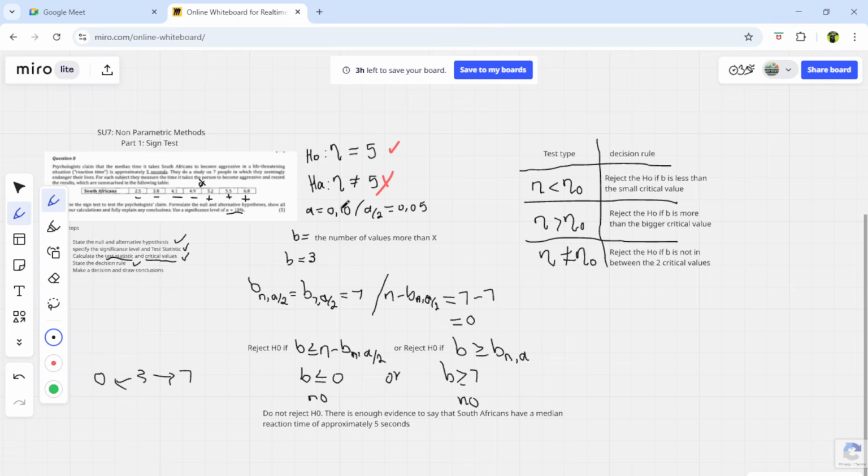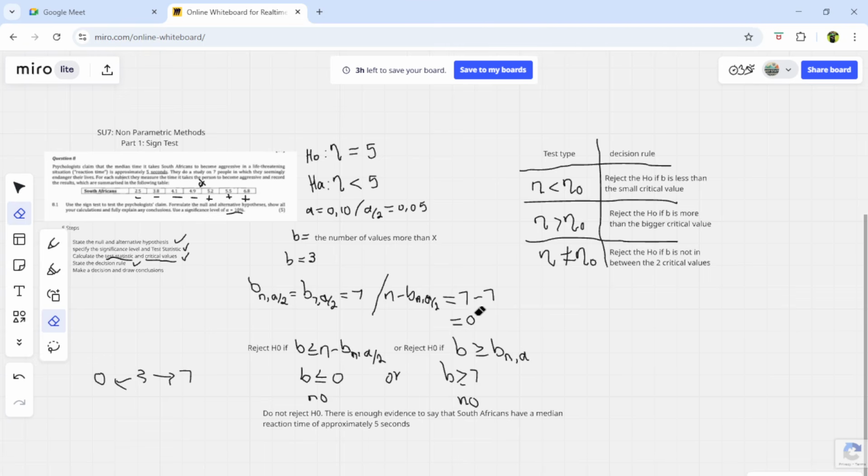Because I only did it for two-sided, let's erase this and say this is less than. If this is less than, then you have two critical values, right? So you're going to look for whether the value of b is less than the smaller critical value.